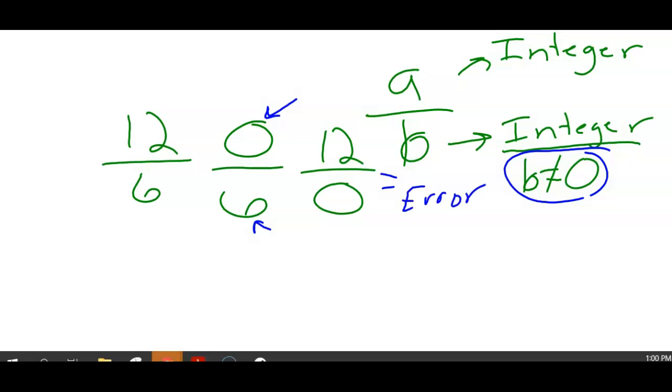So I need, Maggie, I'm going to type in 12 divided by 0. Maggie's going to make sure I do that. What does it give us? It's an error. You cannot divide by 0. Your divisor cannot be 0.